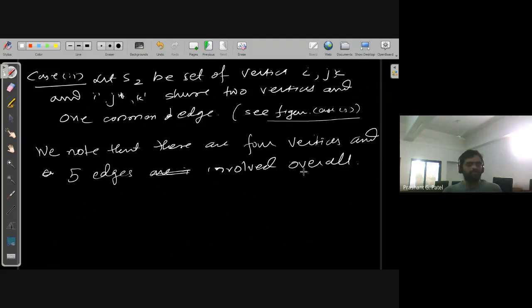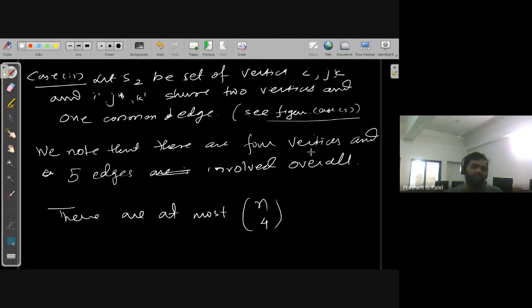So how many ways can we choose? There are at most N choose 4, because there are 4 vertices. So now we need to choose 4 vertices out of n vertices.